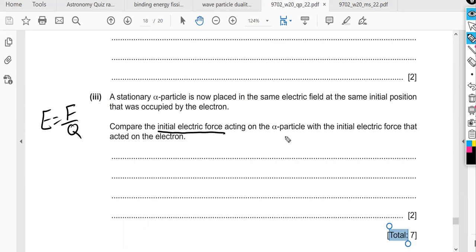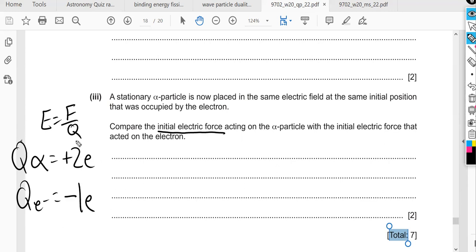So what's different between an alpha particle and an electron? We were mentioning earlier that the alpha particle has a charge. We use the letter Q for that. So the charge of an alpha particle is positive 2 elementary charges because there's 2 protons. Remember, an alpha particle is a helium nucleus, and helium is something with 2 protons. The charge on our electron is negative 1 elementary charge.